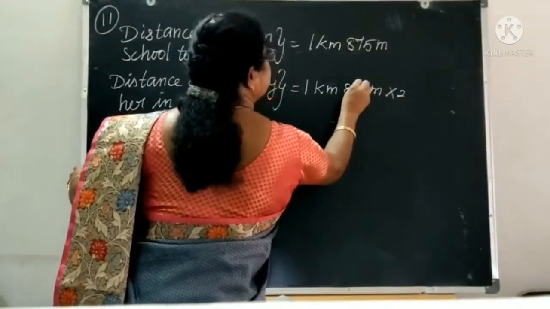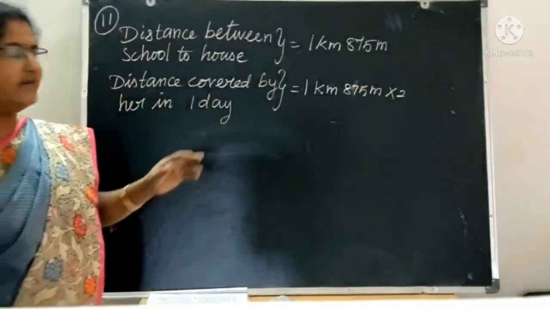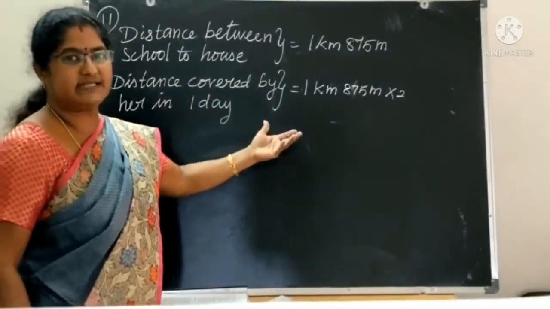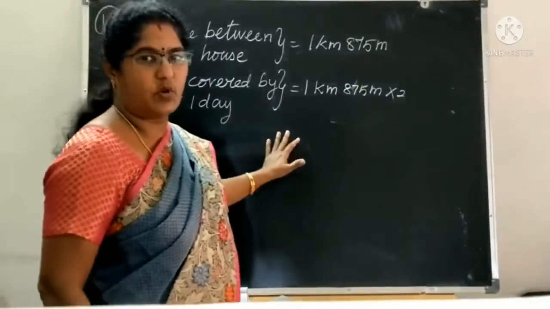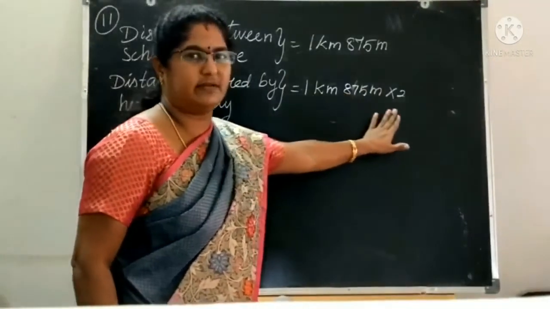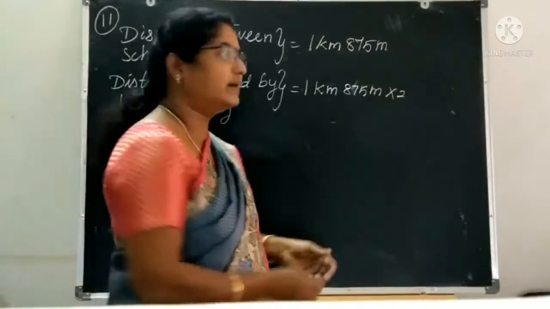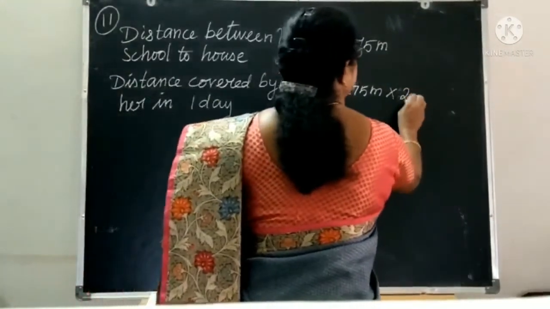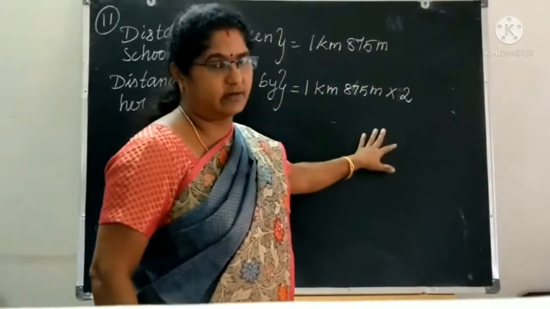Here for multiplication we can multiply directly. We need not change the units into a smaller unit, because we multiply by a number, not by a unit. If you multiply by a unit, you have to convert both to the same units.